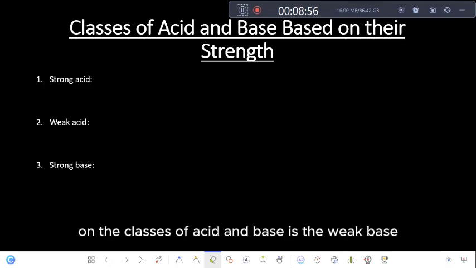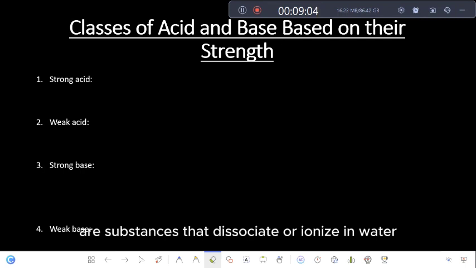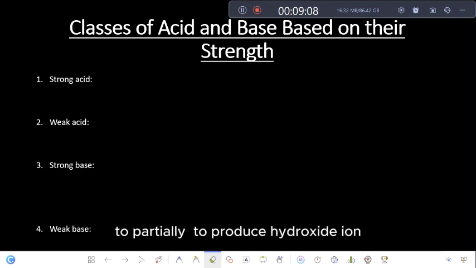Finally, on the classes of acid and base is the weak base. Weak bases are substances that dissociate or ionize in water partially to produce hydroxide ions.